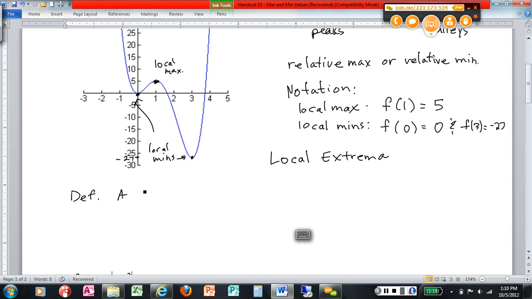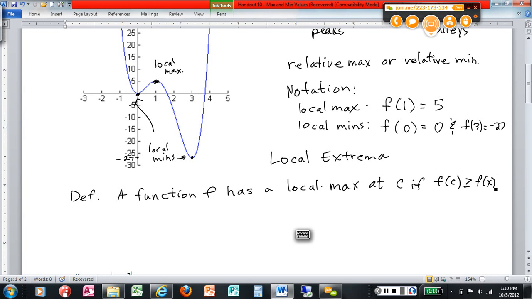A function f has a local maximum at C if f of C is greater than or equal to f of x when x is near C.